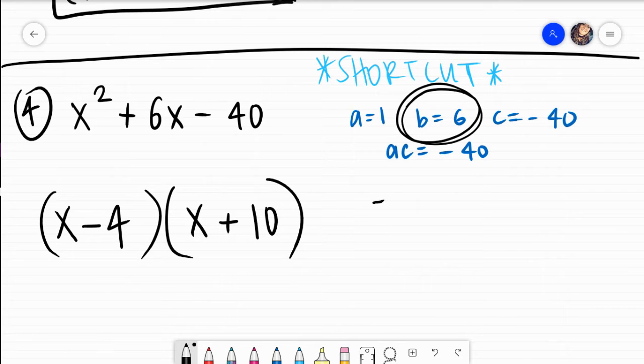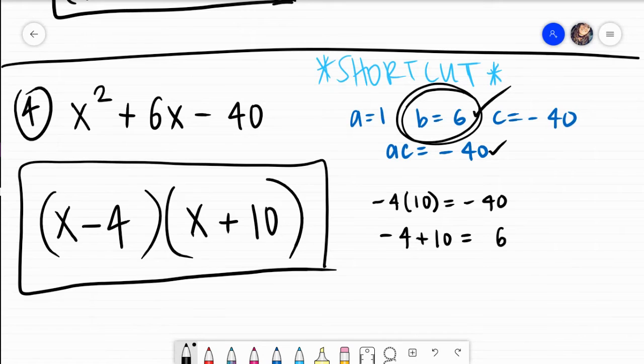Do you agree with me that if I multiply them, I get negative 40? And do you agree that if I combine these together, a positive 10 and negative 4, I would subtract, keep the sign of the larger, and I get my B? You're done. Go back and FOIL it.